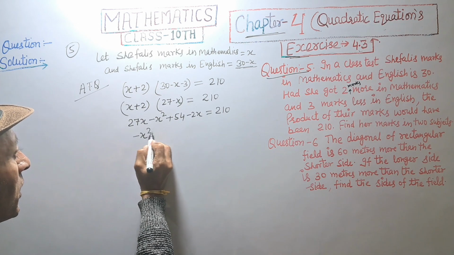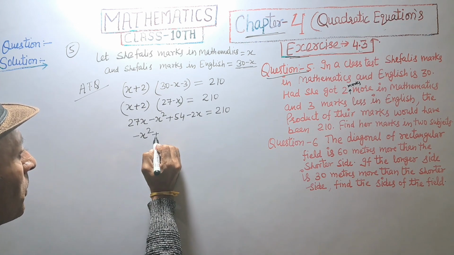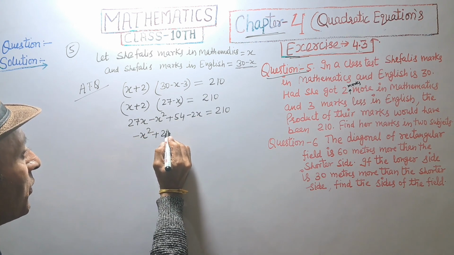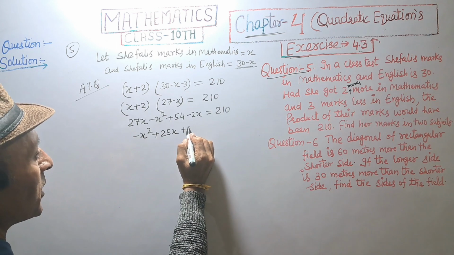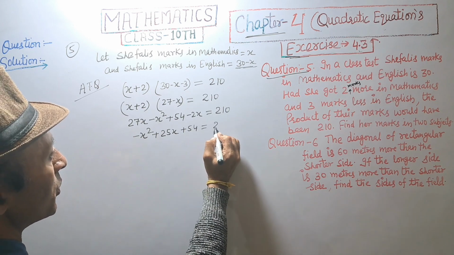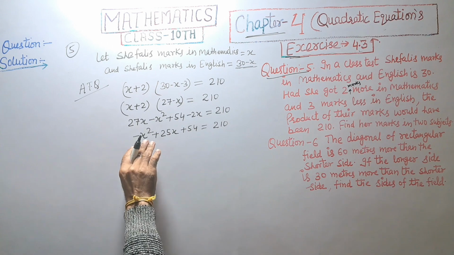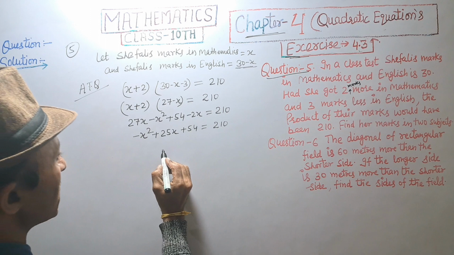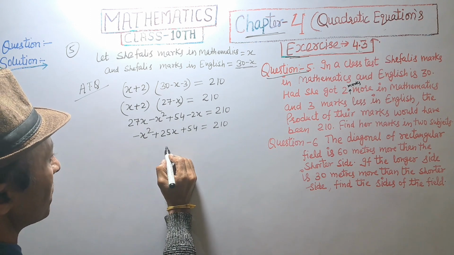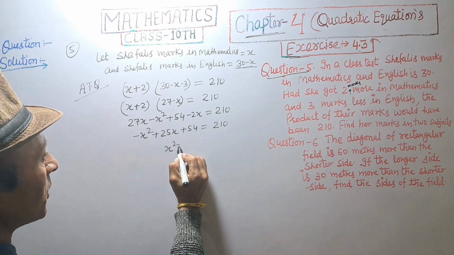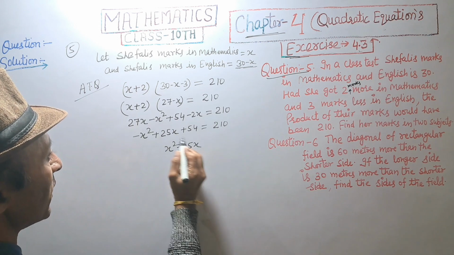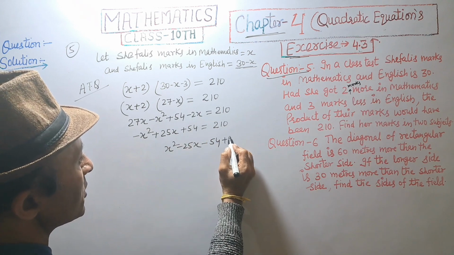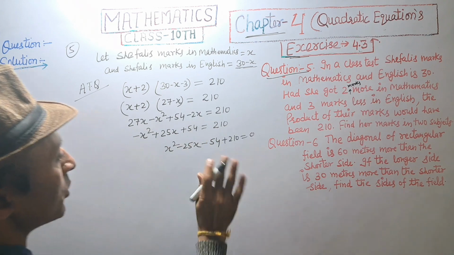Minus x square plus 27x minus 2x, that is 25x, plus 54 is equal to 210. We are shifting left side to right, then sign will be opposite. x square positive, minus 25x negative, minus 54 negative, plus 210 positive equal to 0.